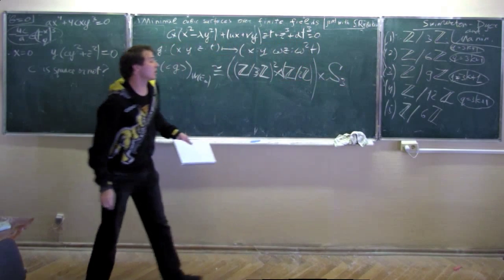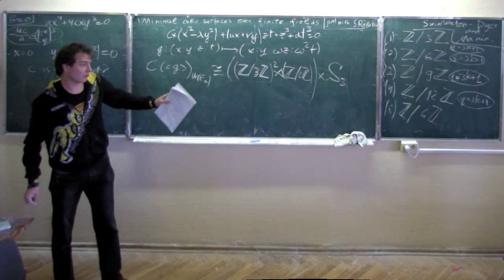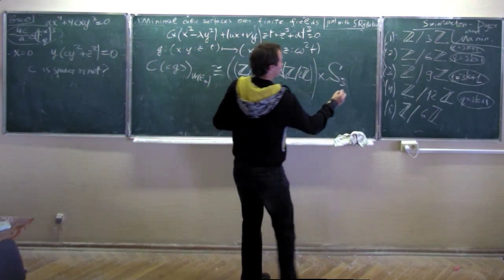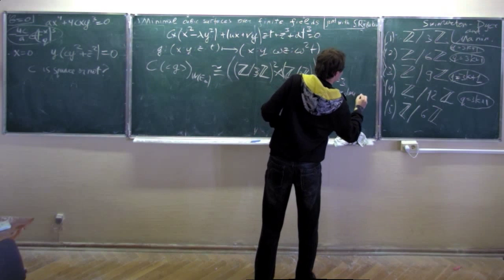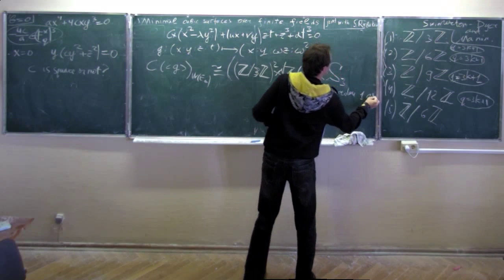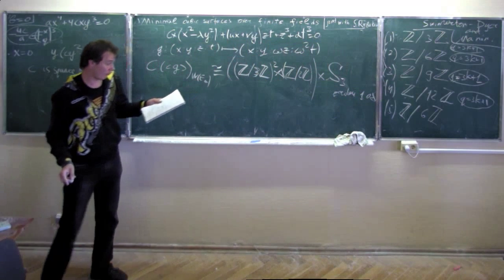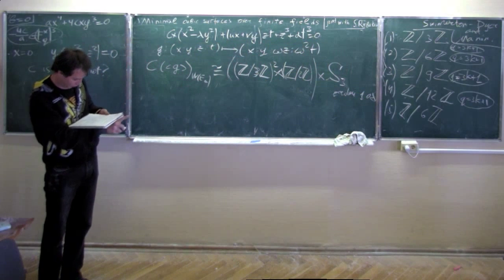You can see that the order of this group is 108. So it's quite a huge group, and moreover, it contains lots of cyclic subgroups.